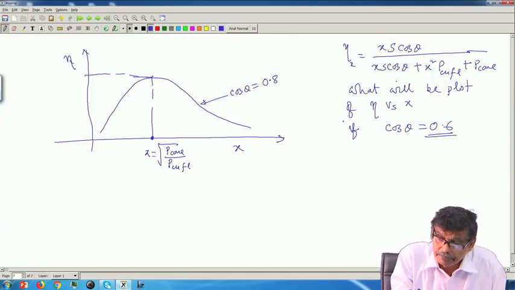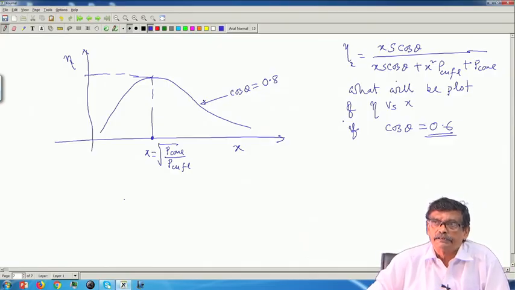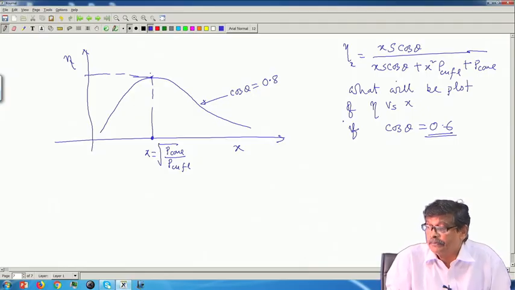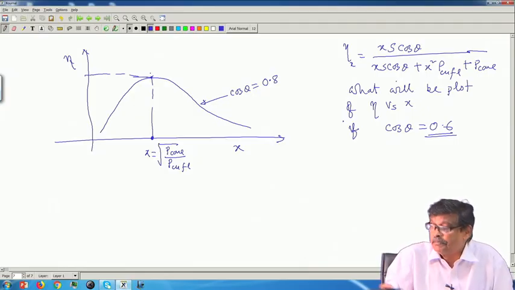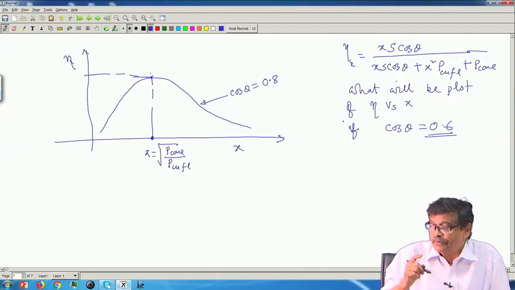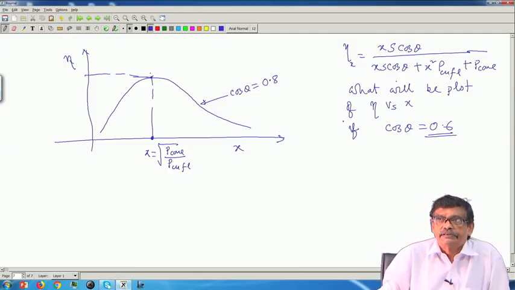It is at this point maximum efficiency will occur for all the power factors, no matter what the power factor is. If it is 0.8, it is here. Now, I am asking you, what will be its value if the power factor is 0.6? You think about this and we will continue with this. Thank you.